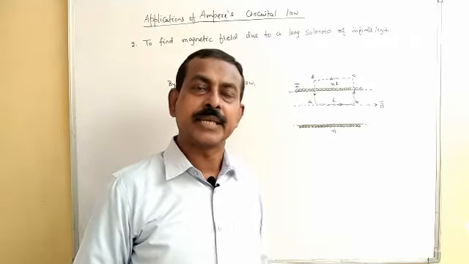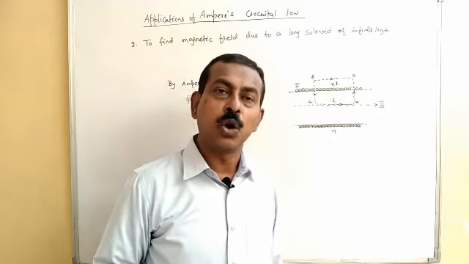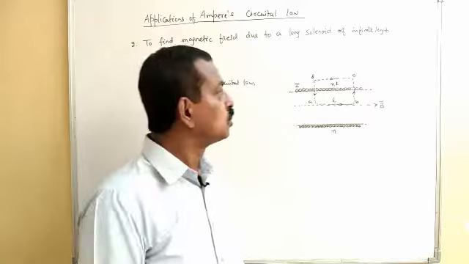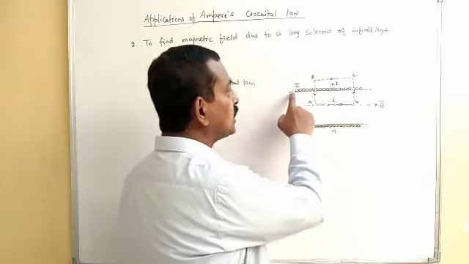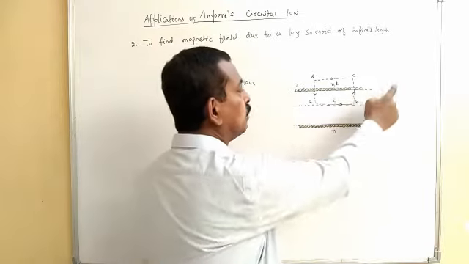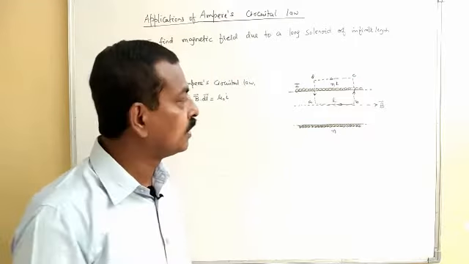Now let's take the second application to find magnetic field due to a long solenoid of infinite length. So suppose we have a solenoid which is carrying current I. It is of infinite length. We have shown it by the dotted line indicating that it is going up to infinity.